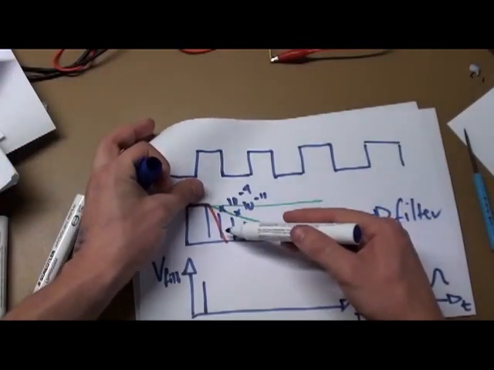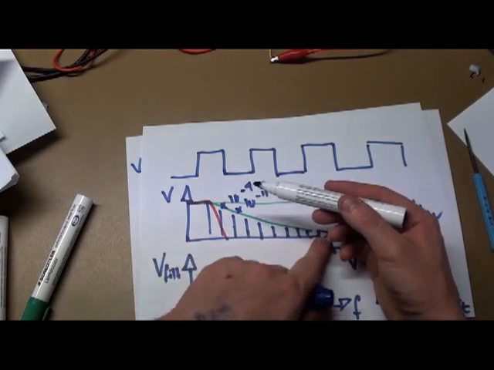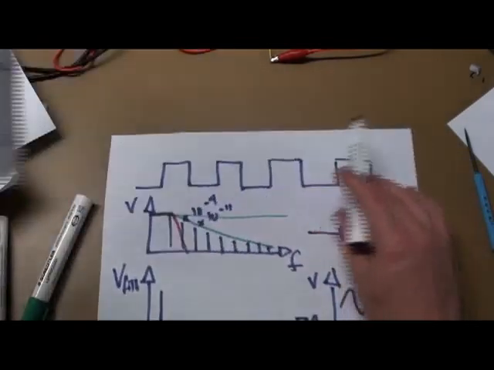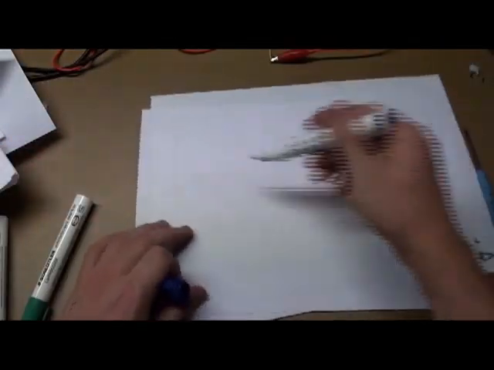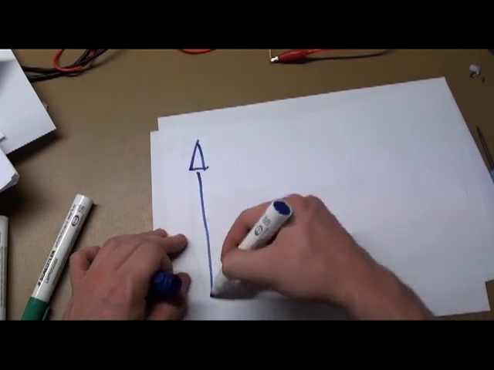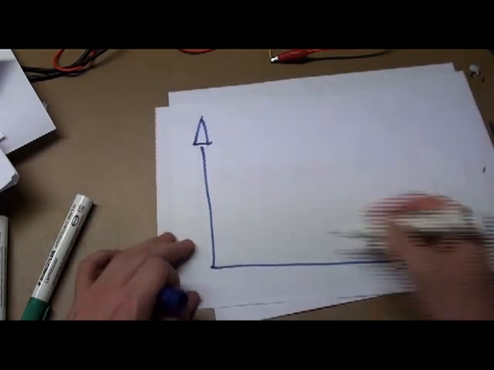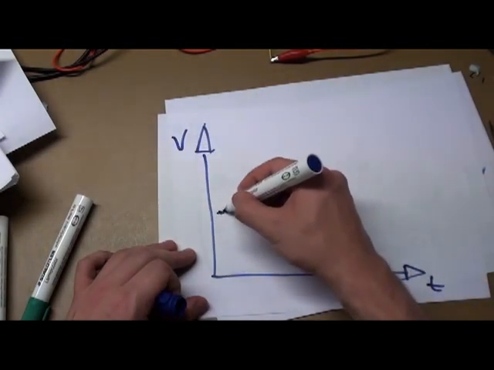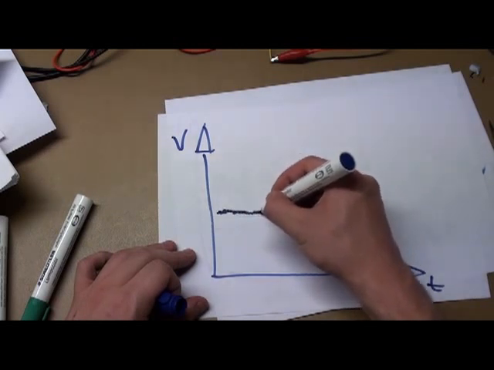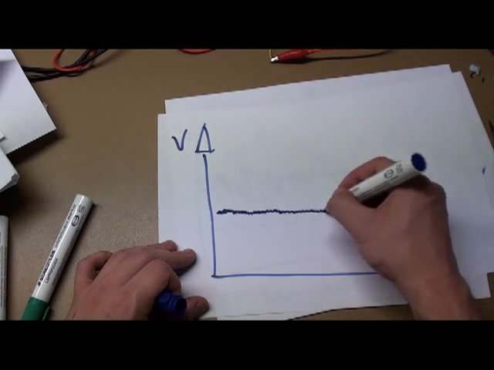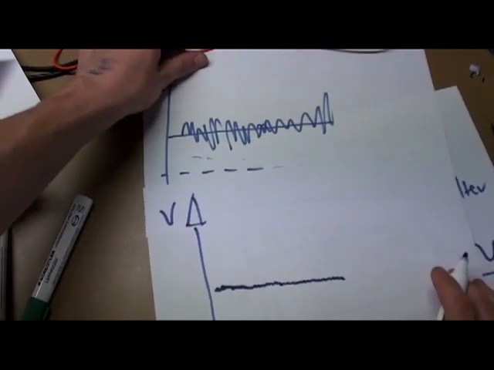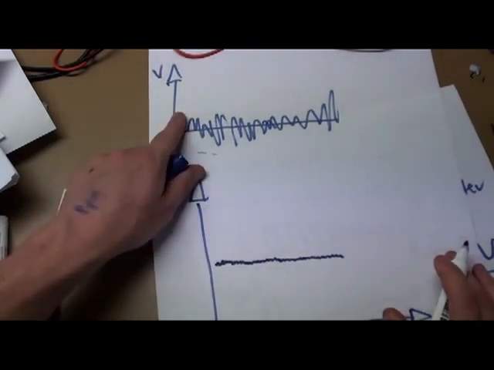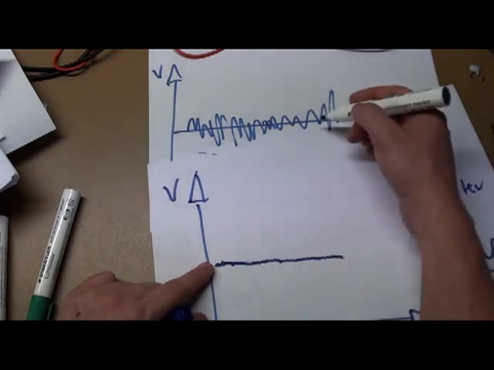So when we put a filter on, if our filter's really good and it multiplies all these higher frequencies by really small numbers, then what we can get out is, so that's time, it's volts, and it might be something more like, which, you tell me, if that was on the same scale, which one of these is better for what you want to do. So that's why we want to use filters.